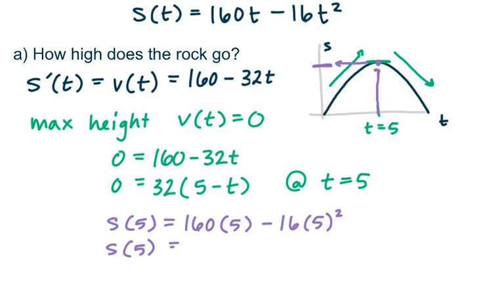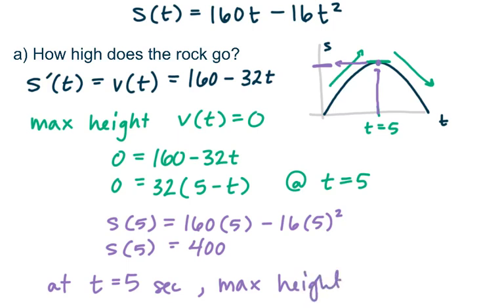S of 5 equals 400. So at t equals 5 seconds, we know the max height is 400 feet.